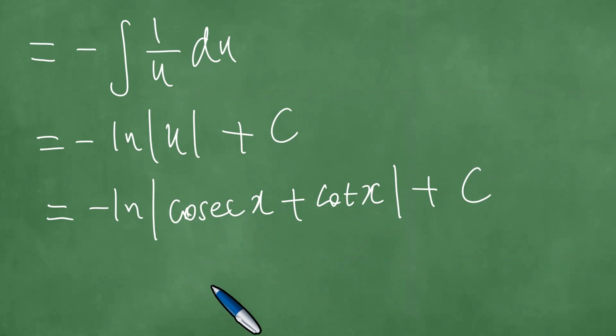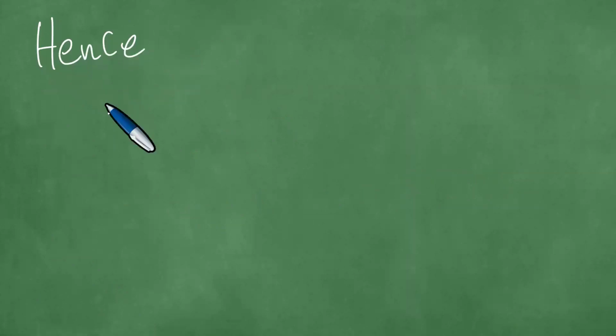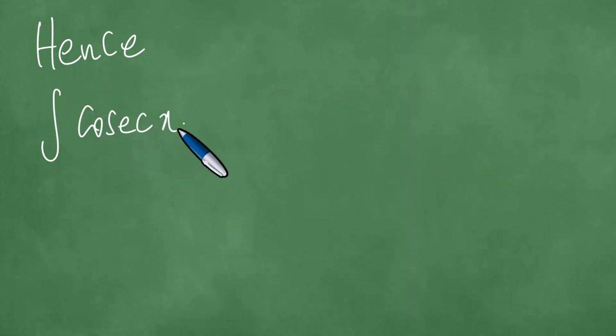All right, now, the couple of things that remain extremely important for us to take into account. So we proceed to then say, hence, the integral of the cosecant of x with respect to x.